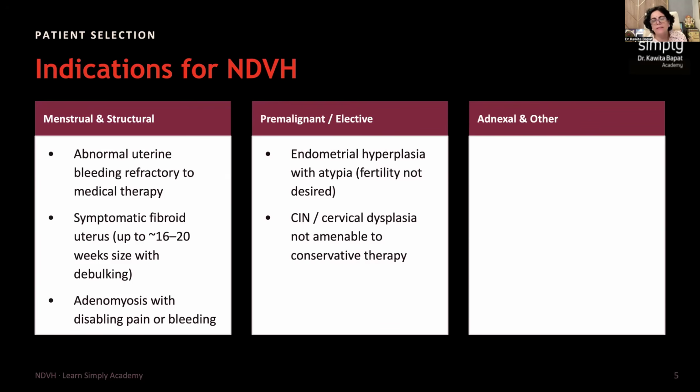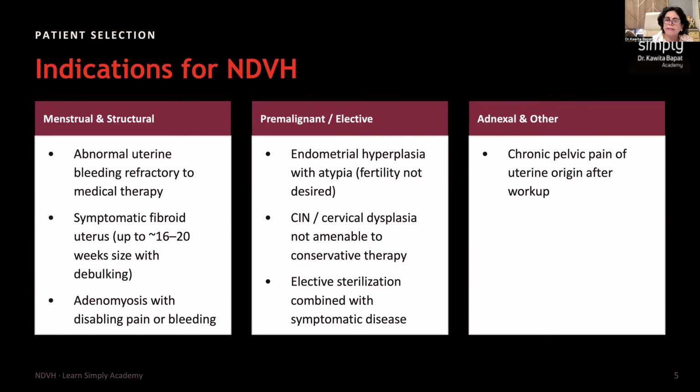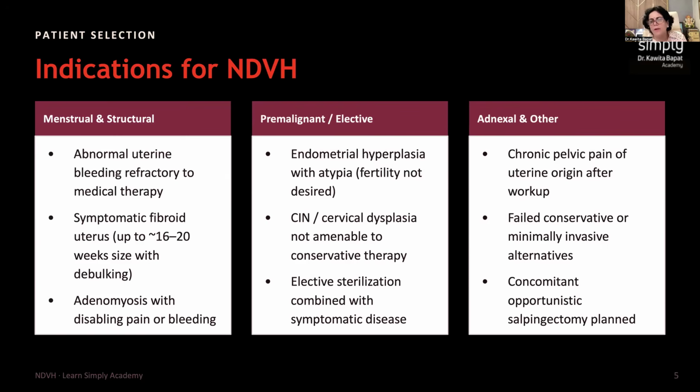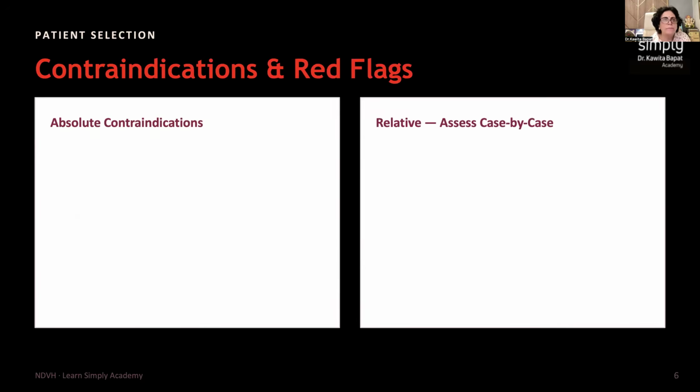CIN, cervical dysplasia not amenable to conservative surgery. And elective sterilization combined with systematic diseases. Adnexal: chronic pelvic pain of uterine origin after workup and failed conservative or minimally invasive alternatives, and concomitant opportunistic salpingectomy can be planned along with it.